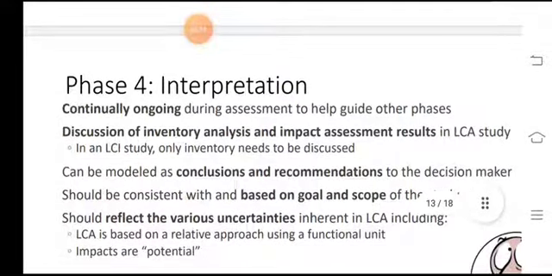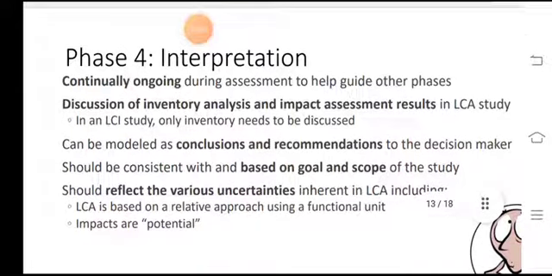Then we have an interpretation phase, in which continuously ongoing material and during assessment to help guide other phases, and discussion of inventory analysis and impact assessment results in LCA study.